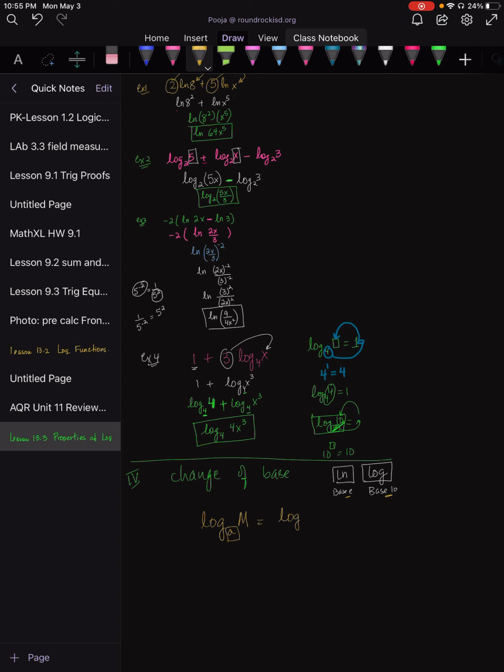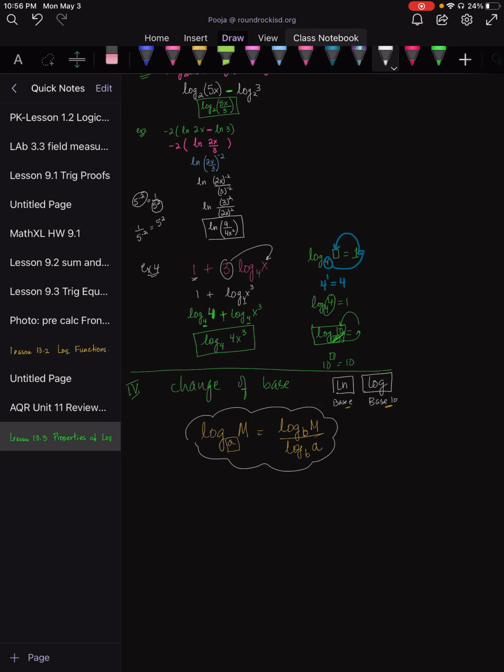Log to any base B of M, divided by log to the same base B of A. This is the formula that helps us change the base to any base we want.